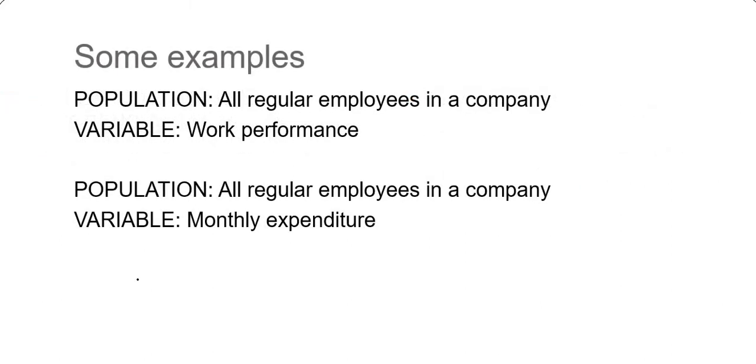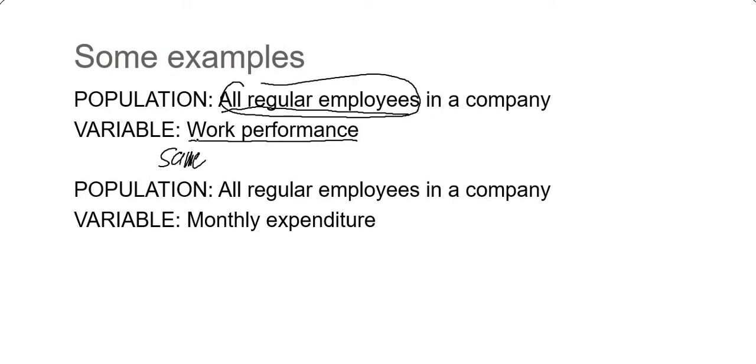Say, for example, our population are all regular employees in a company, and our variable is work performance. Now, it depends on the context of your study that if our regular employees have the same work performance, then therefore this is homogeneous.